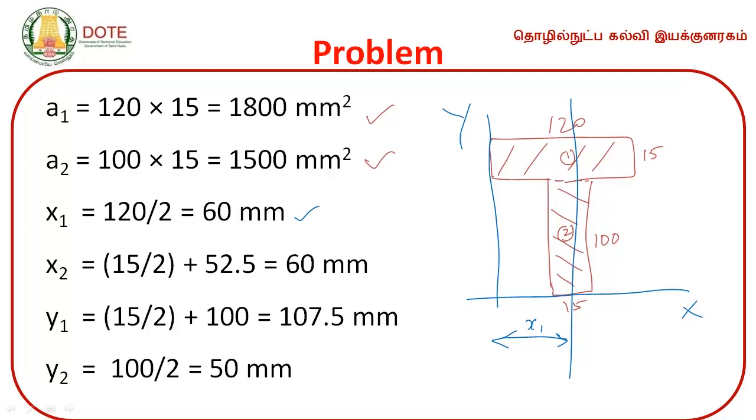For the second component, this is going to be the thickness 15. So x2 is going to be 15 divided by 2 plus this distance. What is this distance? It is 52.5.